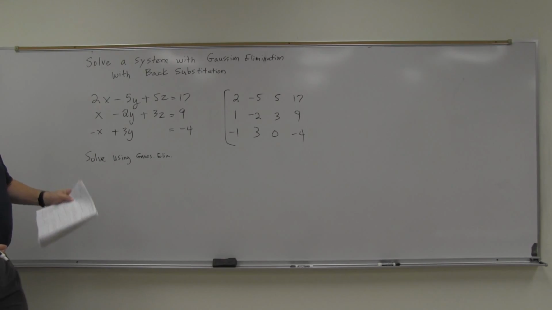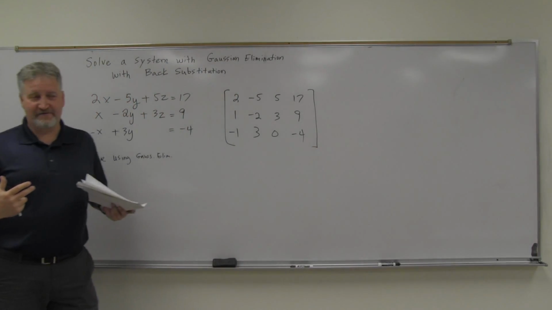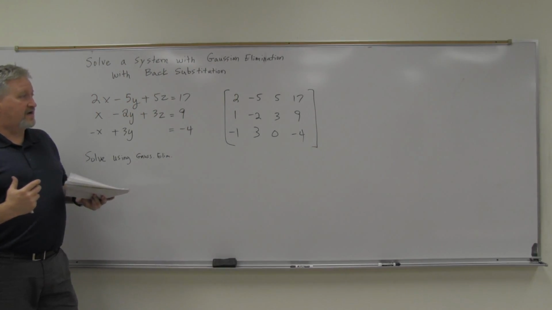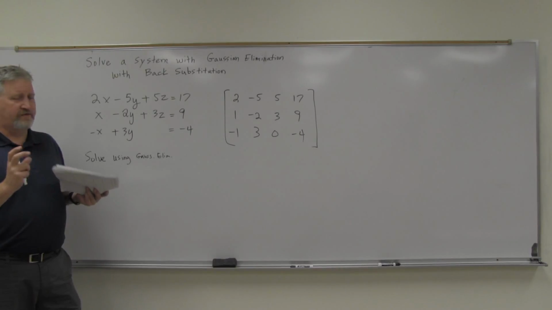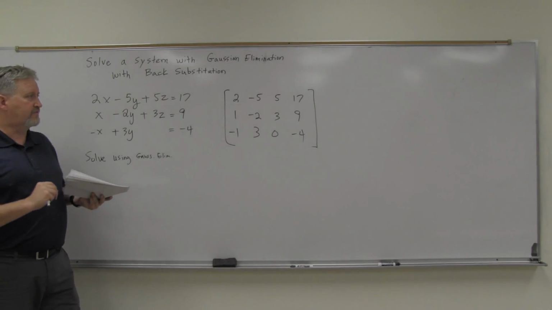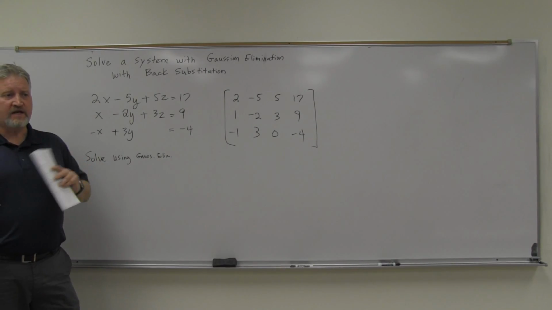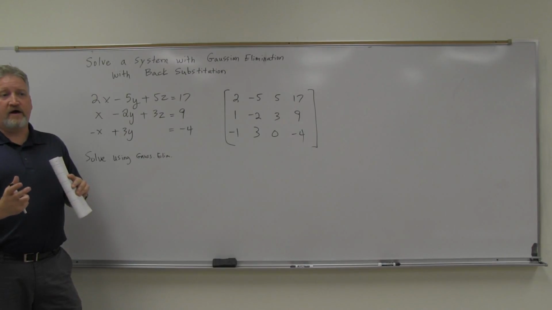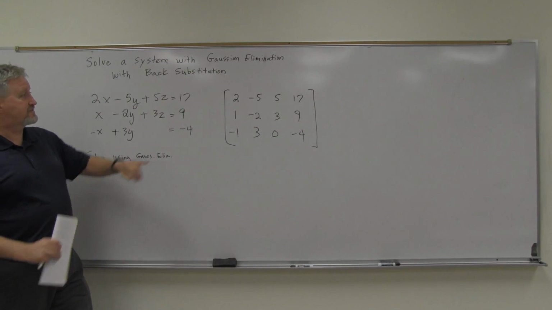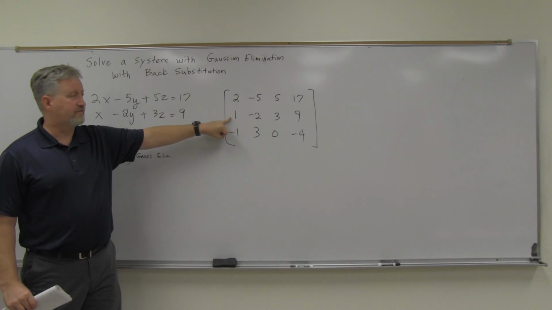Okay? Now, I want to make this as easy on ourselves as possible. One thing we haven't talked about yet that we can do on this one, that we didn't do in the previous one, is we can swap rows out. In this case, swapping a row out is going to help us a lot because row 2 already has a 1 in the first slot here.